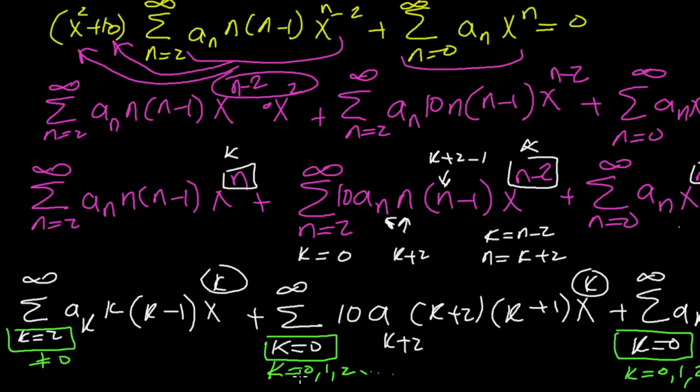So what we will do is rewrite these as individual terms and leave the summation to start from k equal 2. Same thing here. I will extract the first terms of k equals 0 and k equals 1, and leave the summation to start from k equal 2.